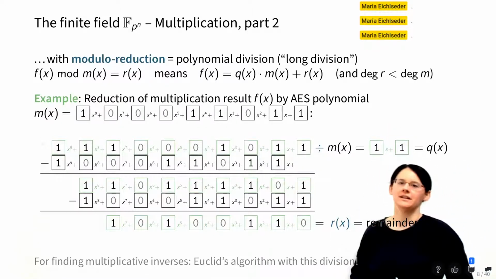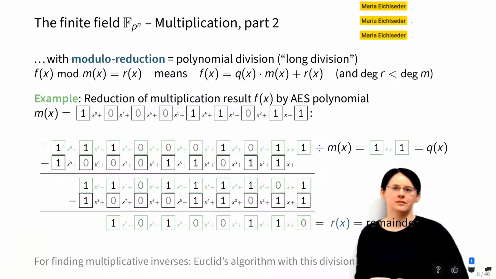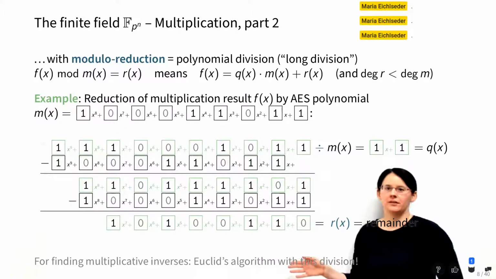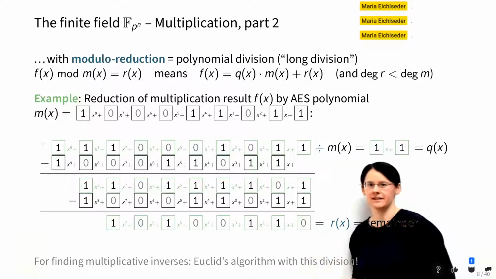Namely, we also need it when defining how to compute the inverse of an element. Because this is something we also need in a field, some sort of way to compute the inverse of an element. And we do this here in a very similar way as we did in the prime fields, namely using the extended Euclidean algorithm. However, instead of computing it with integers, we will need to compute it with polynomials. But otherwise, the rules are exactly the same.